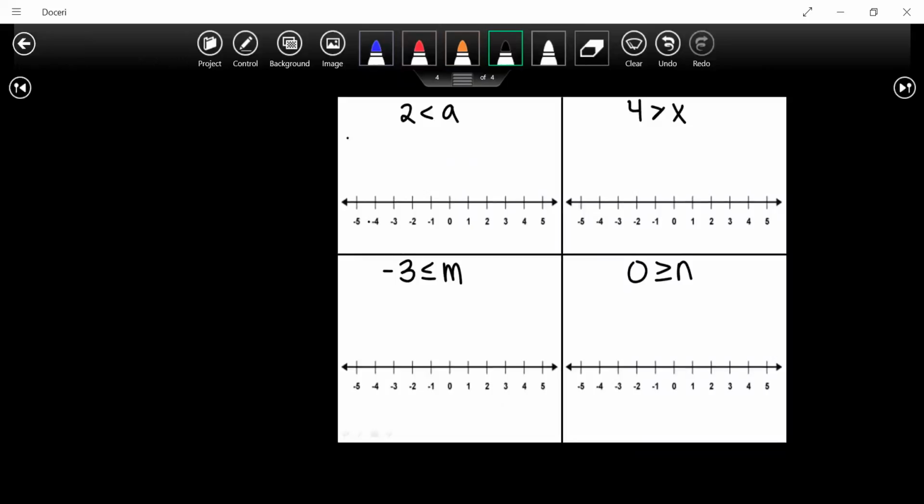I'm trying to change these up because our variable is now on the right. Our variable's on the right. We'll talk about that.